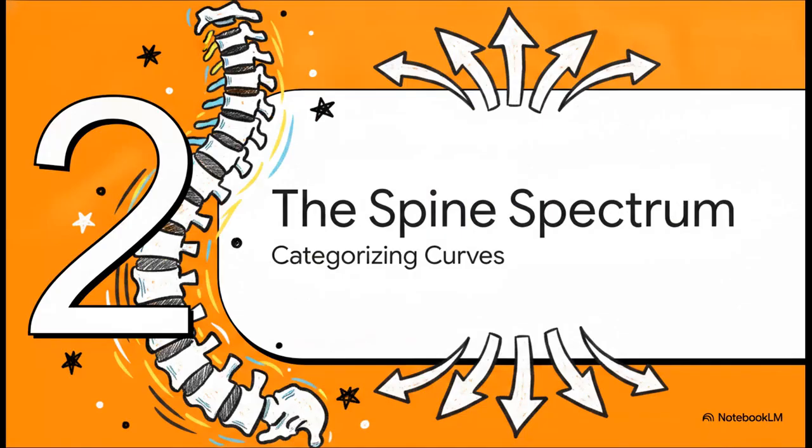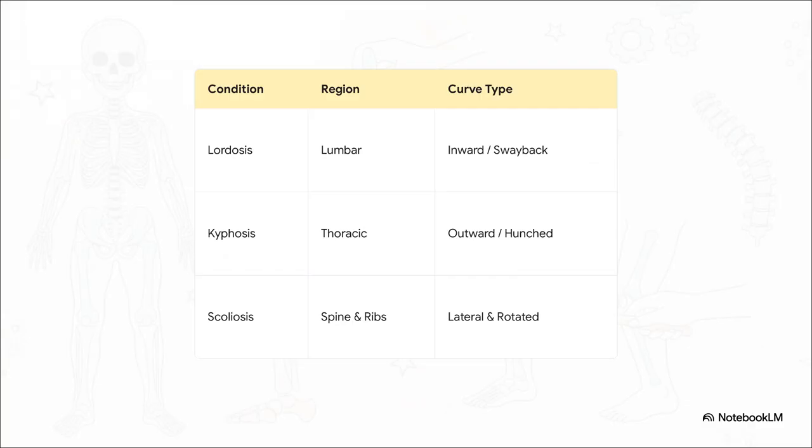Okay, Section 2, the spine spectrum, categorizing curves. We've cracked the hip dilemma, so let's travel on up the skeletal system to our next major anatomical region. Before we narrow our focus too much, we really need to correctly categorize the variations of spinal curvature. First up, lordosis. This is an exaggerated inward curvature, usually down in the lumbar or sometimes cervical region, giving this sort of sway-back appearance.